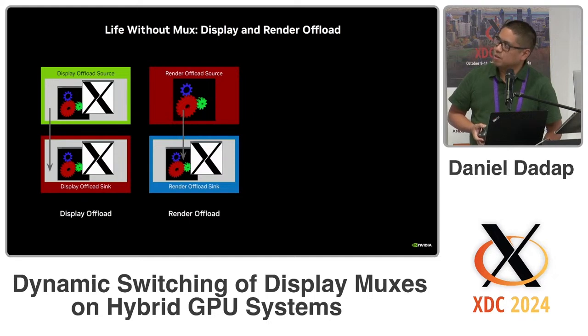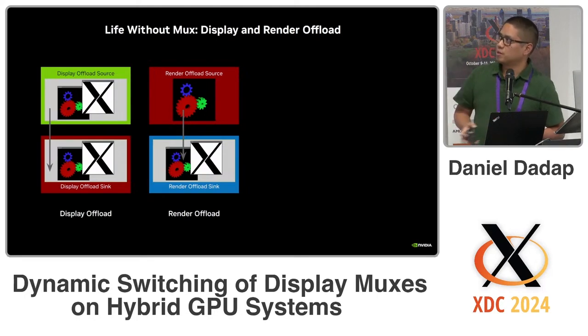If we want to get a little fancier, we have render offload, where instead of exporting a full screen frame buffer, the render offload source GPU exports individual application buffers. Those application buffers are exported to the render offload sink, which combines them with other content to create the full screen frame buffer, and in a sane setup then scans that out.